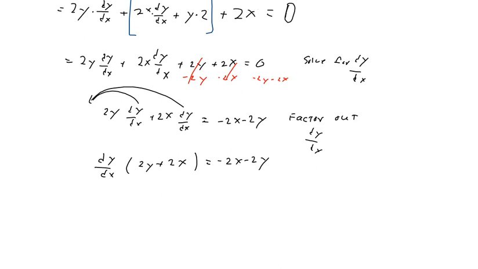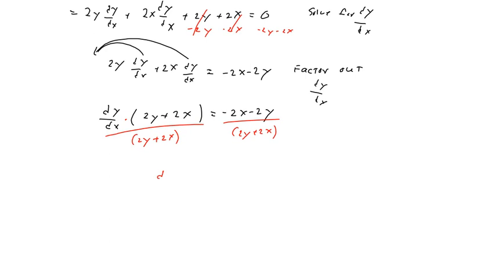Now I've got one dy/dx all alone. It's a multiplication, so I cancel it by dividing by this whole parenthesis piece, 2y plus 2x, on both sides. So I'm going to get dy/dx equals negative 2x minus 2y over 2x plus 2y. And that is my derivative.